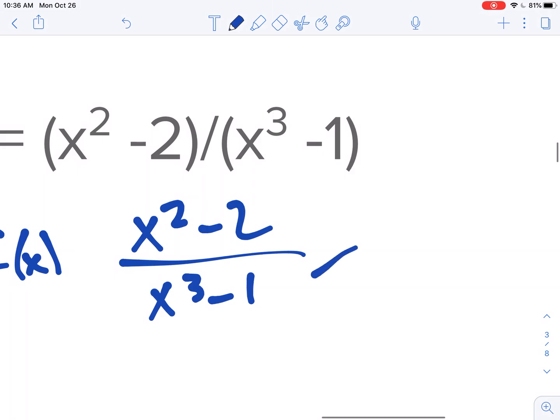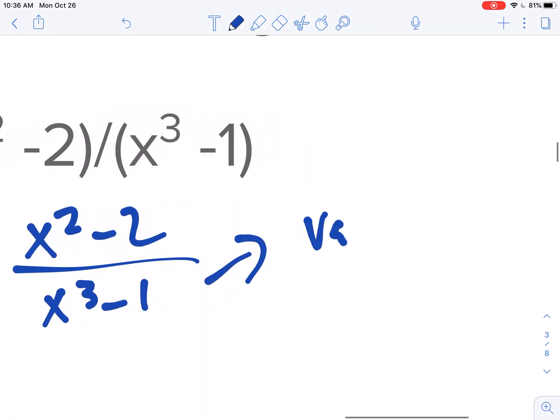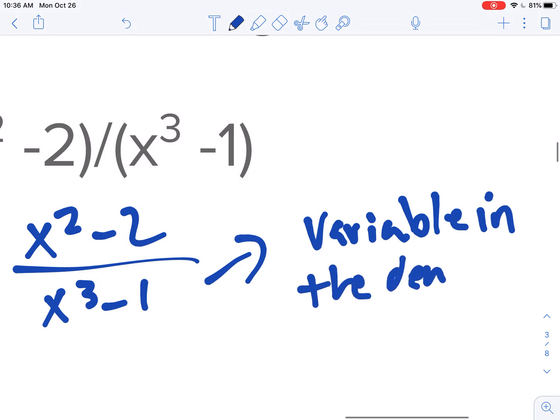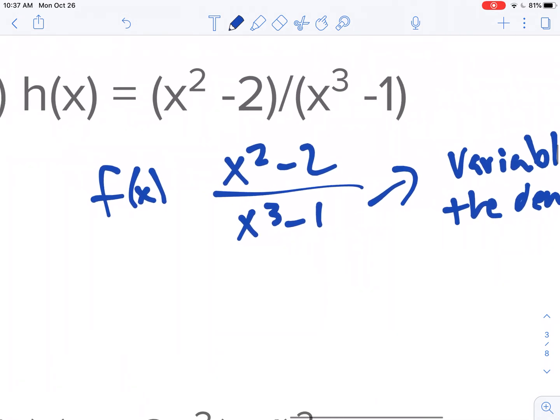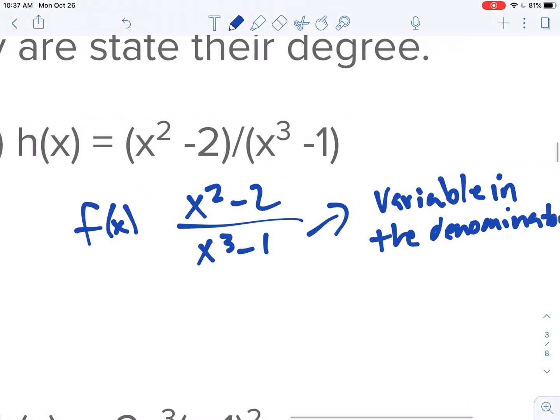This has a variable in the denominator. So this is a rational function. This is like when we had our reciprocal functions, but we call them rational when we start doing some more things here. So this is not a polynomial.